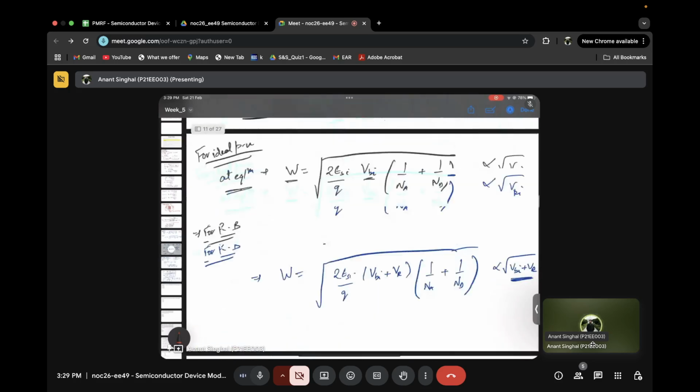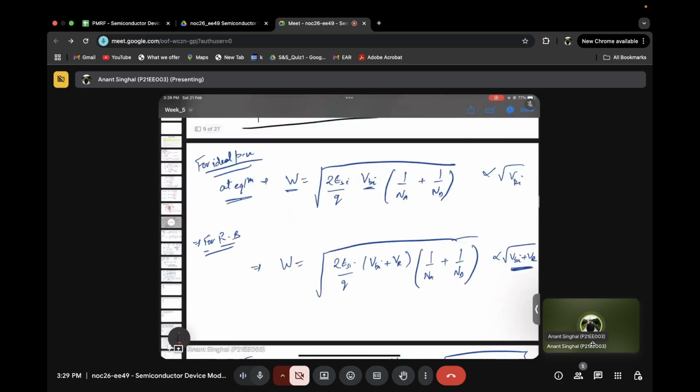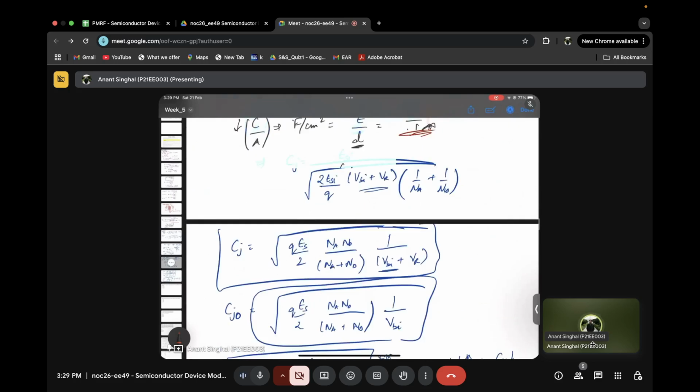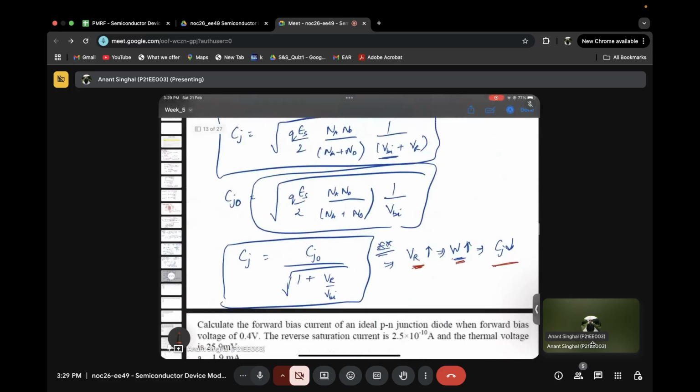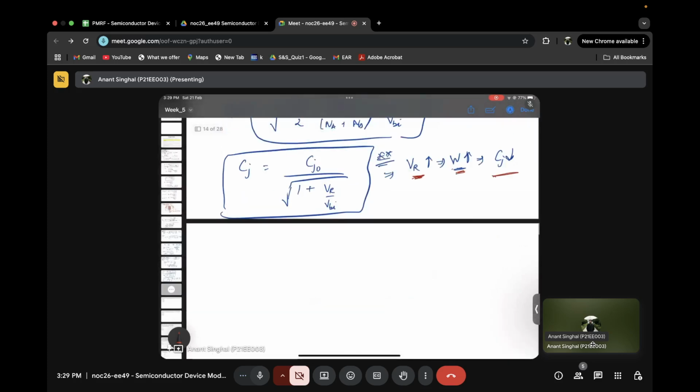As I explained from this diagram. If your width increases, then we know your capacitance is nothing but epsilon by W, right? So this width will increase and the capacitance will decrease. That is what I wrote. Is this clear?